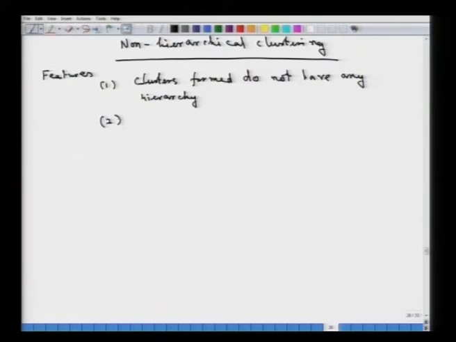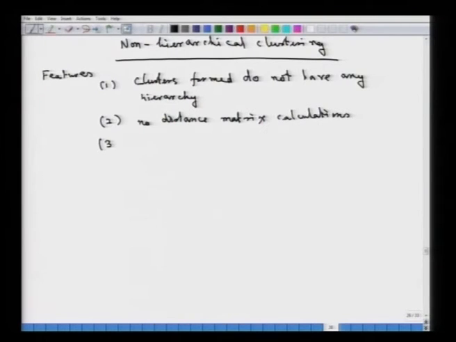Number 2, there is no distance matrix calculation, in contrast to the previous hierarchical clustering method. We start with the raw data and end up with the raw data only. No distance matrix calculations.